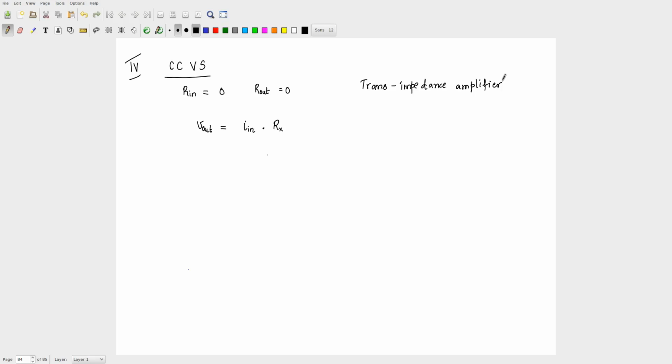Can someone figure out what kind of comparison we need to do? Again, this is a feedback amplifier, right? So what do you have, and what do you want to get? You have a current, correct? And what do you want to do with the current?